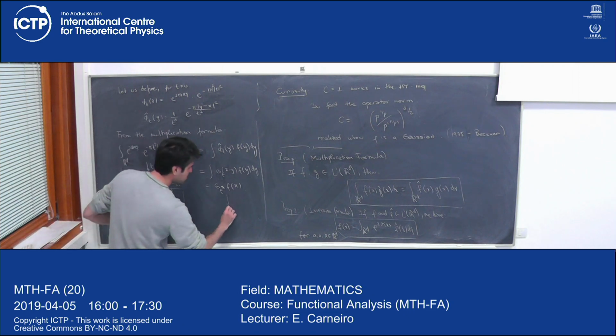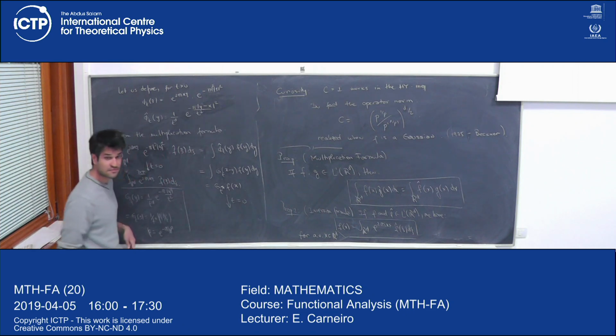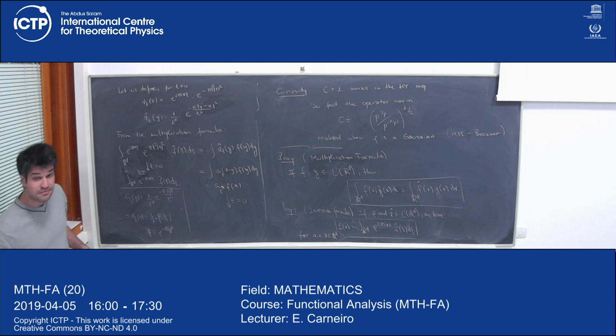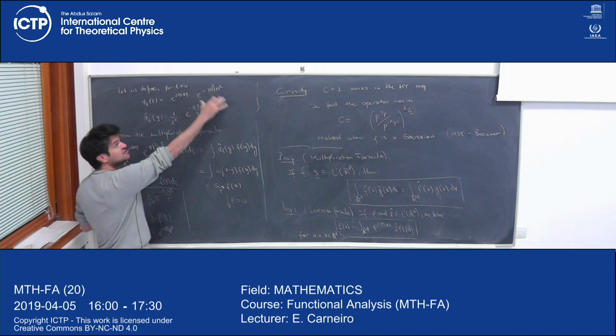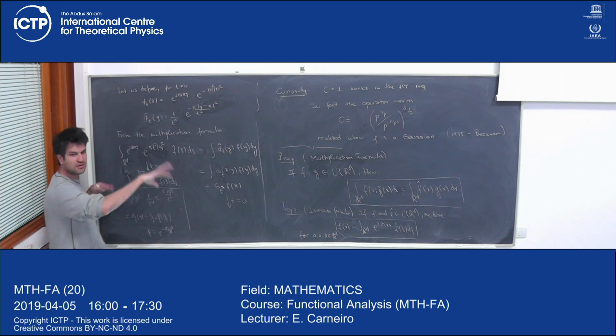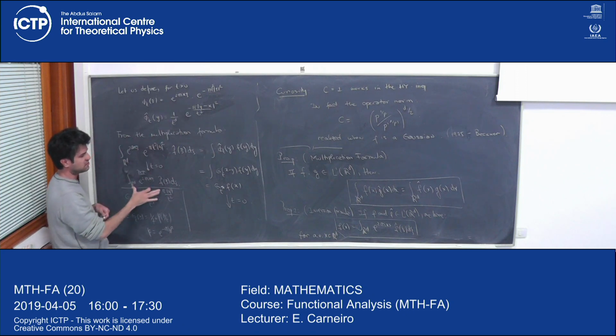Now what happens when t goes to 0 here? Where is the t in this? I don't see any t. T is here. When t goes to 0, this goes to 1. I put this t here to make this decay, but at the end I want t to go to 0 and get back to what I had before.